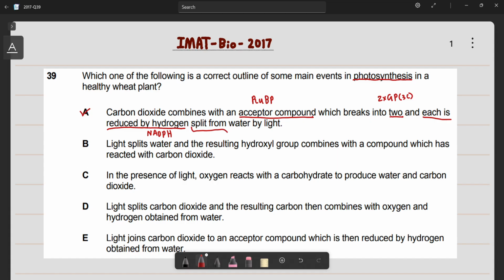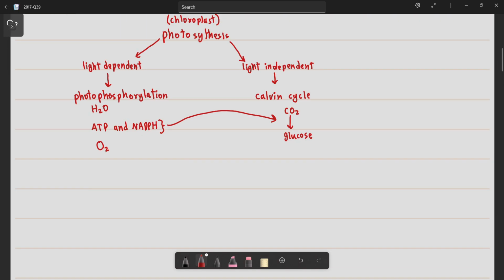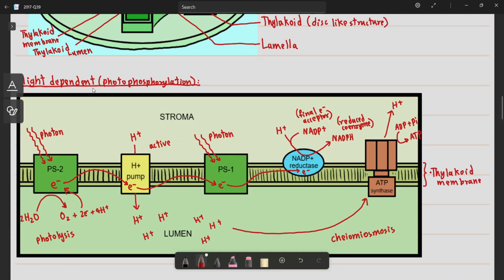So this part is explaining photolysis, which I've explained before in the light dependent reaction, where photolysis occurs in photosystem 2, where the water molecule is split into oxygen, 2 electrons, and 4 protons.